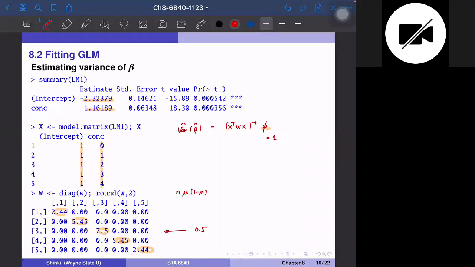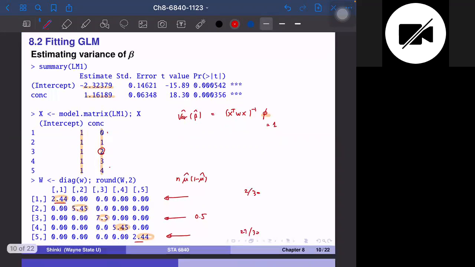It has the most information compared to the other observations. And for the first and fifth, where we have a small or large proportion, the first one is small and the last one is large, so we have smaller weights. Actually the first one is 2 over 30 and the last one 27 over 30, so it's not really symmetric at 0.5, but this is an estimate. We use the estimated mu hat, and this is a linear model. So if the center is 2, then 0 and 4 should be symmetric. That's why we have the same weights.